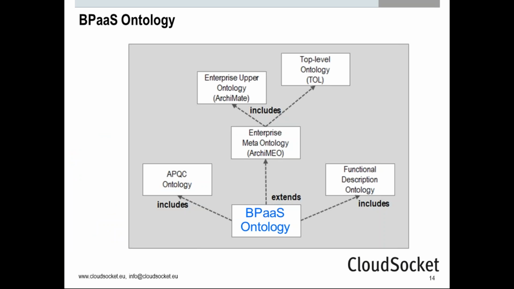So we translated the elements of Archimate into an ontology, having the classes, and now we extended these classes with aspects that we need for Business Process as a Service. In addition, we included some other ontologies, for example, to describe the functionality of processes and to describe non-functional requirements.